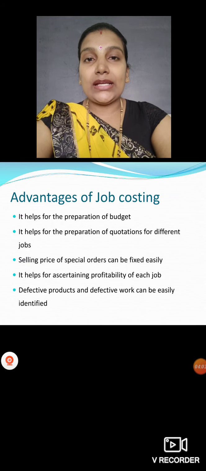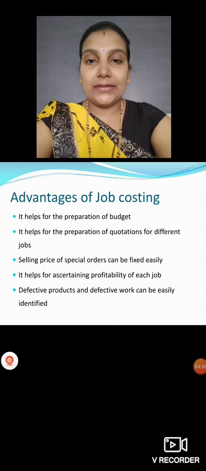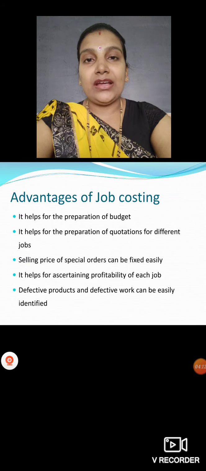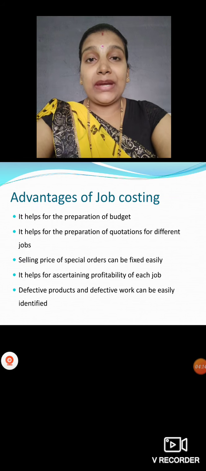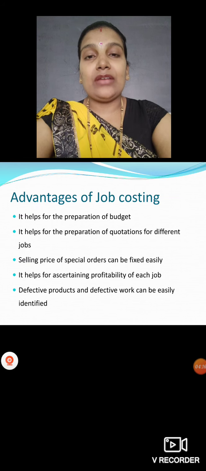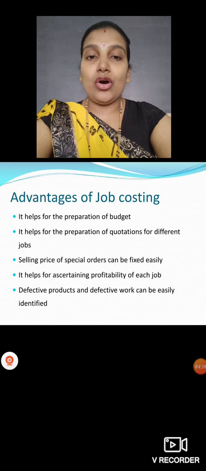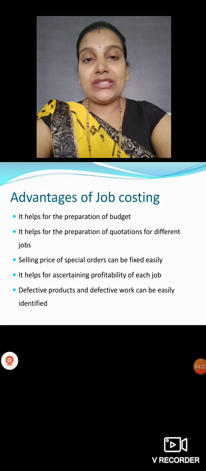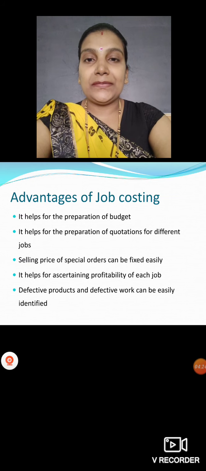You can check on each job how much profit you can make or have made. Then defective products and defective work can be easily identified. As we are going to make separate jobs here, you can easily find any defect in the work or any damaged products.